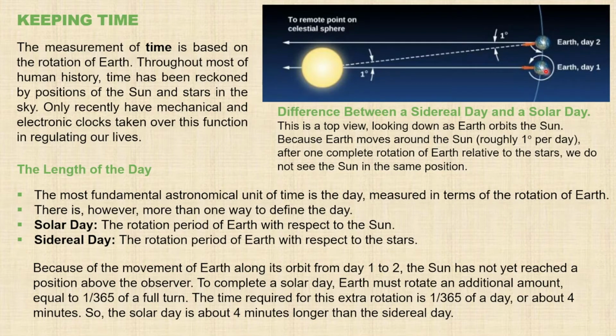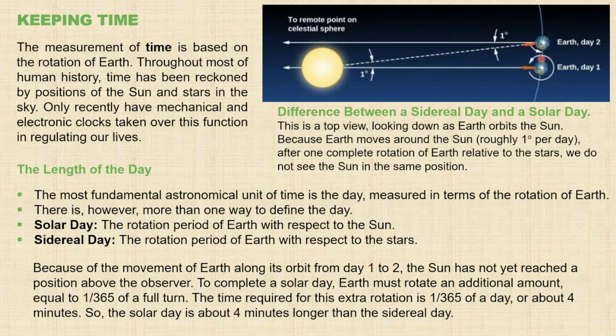Let's pick this point in space here and draw a straight line. On day one, the red one is someone standing here, and the line joins the sun, so we start at that point. As the Earth rotates, it also revolves, so it moves farther out in that direction.